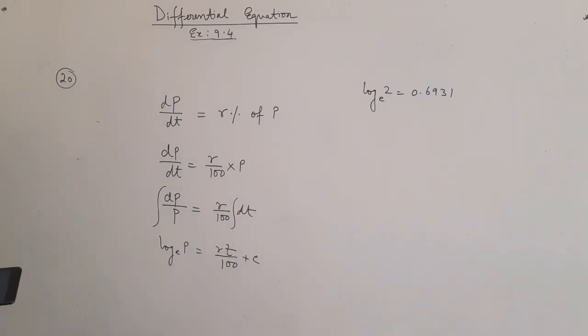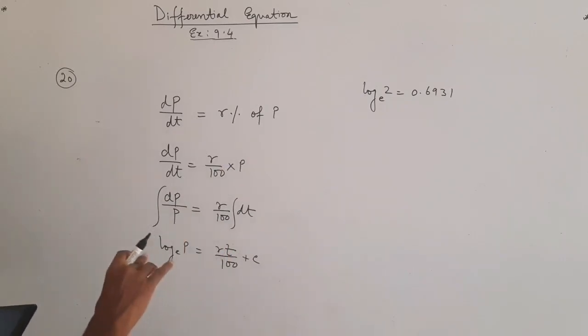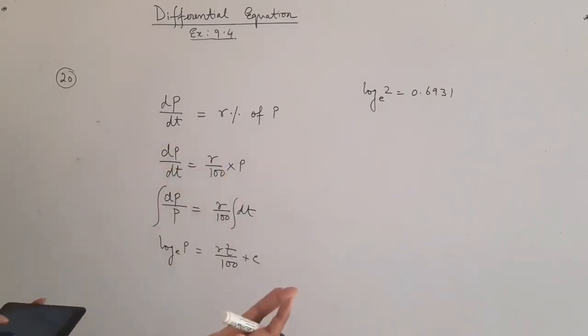So here we have found our question. It says that rupees 100 doubles itself in every 10 years. So if I put rupees 100, then it becomes double of itself in 10 years. If something has doubled itself, we can say that 100 becomes 200.